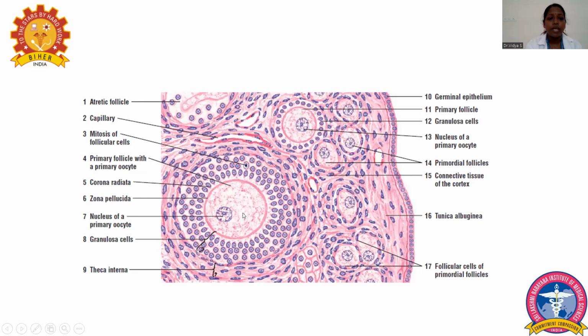Here you see the nucleus of the primary oocyte. The pink stained layer is the zona pellucida, the glycoprotein which covers the central nucleus. You can see the cube-shaped cells in multiple layers, the granulosa cells. And the stroma consists of the theca interna and theca externa.